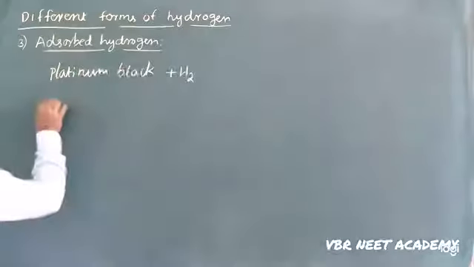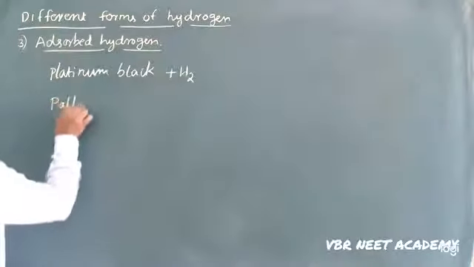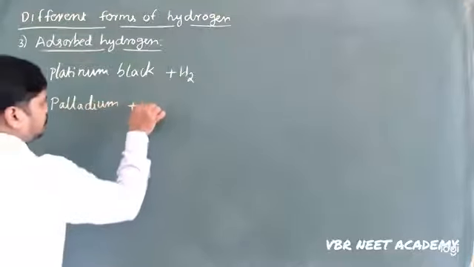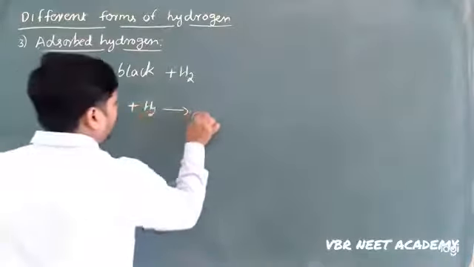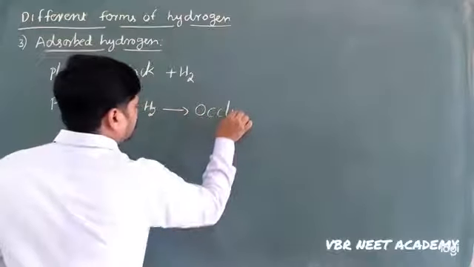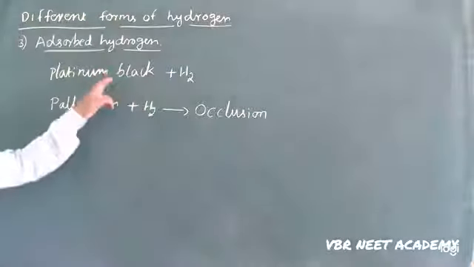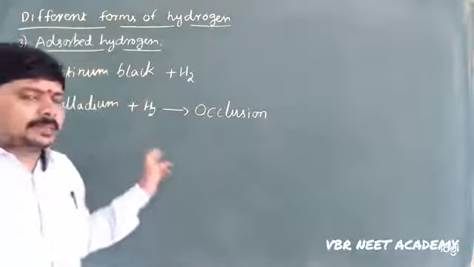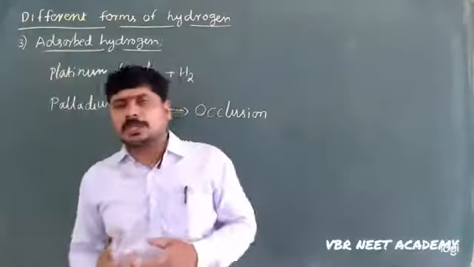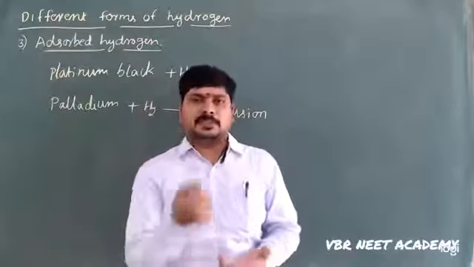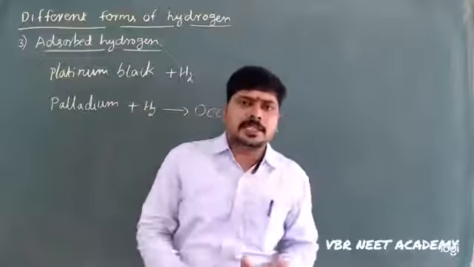When we take palladium, this process is going to be called occlusion. This is adsorbed hydrogen, but with palladium it is called occlusion. That is, the intensity of adsorption is more.